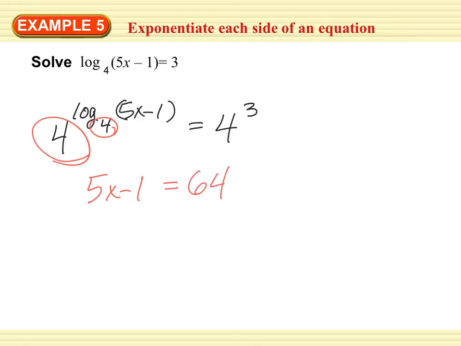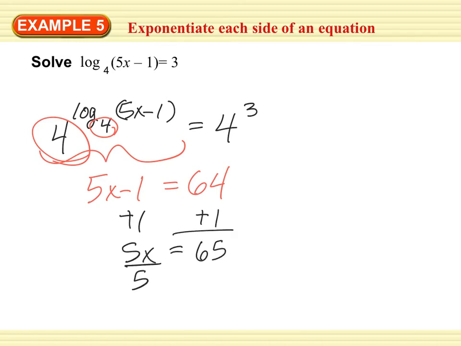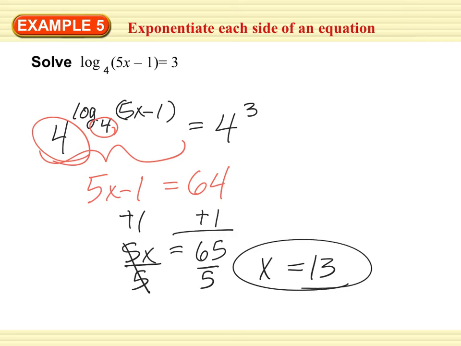This side of the equation simplifies quite easily and gloriously. Now we just get some algebra. 5x equals 65. Divide both sides by 5, and I get x equals 13. Okay, that's your trick right there, though, right?